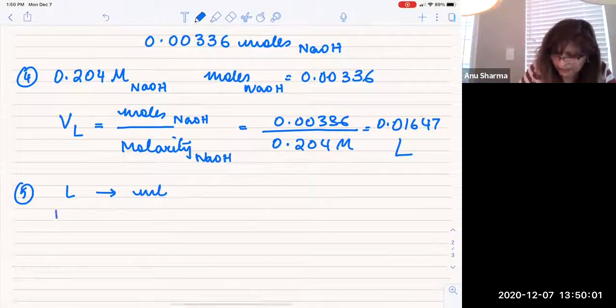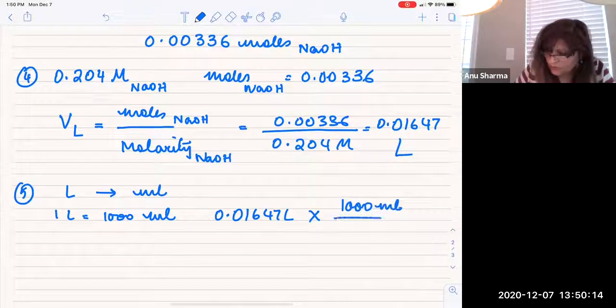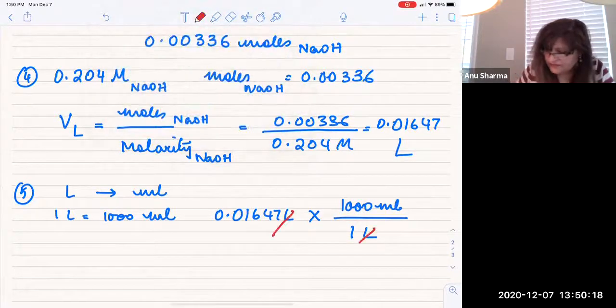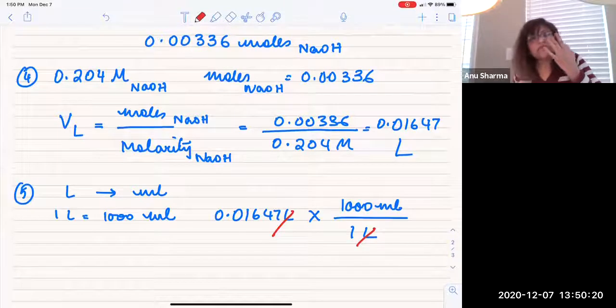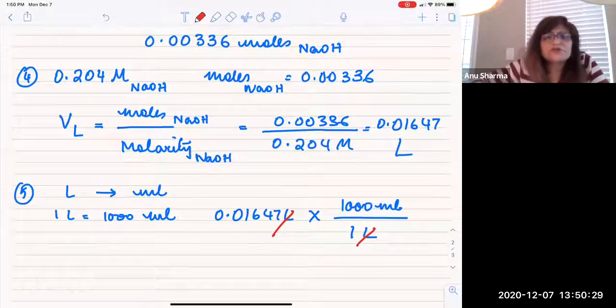So we know that 1 liter is equal to 1,000 milliliters. And so 0.01647 liters times 1,000 milliliters over 1 liter. If you look at it, this liter and this liter cancel out. And then what do you get here? 16.47. So I see some students have it as 16.